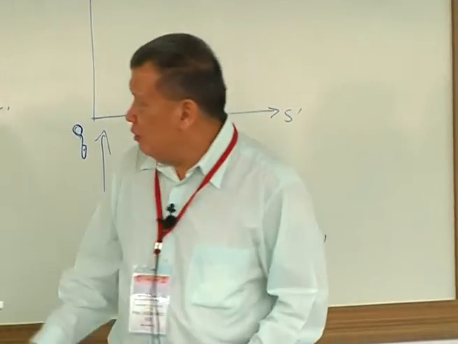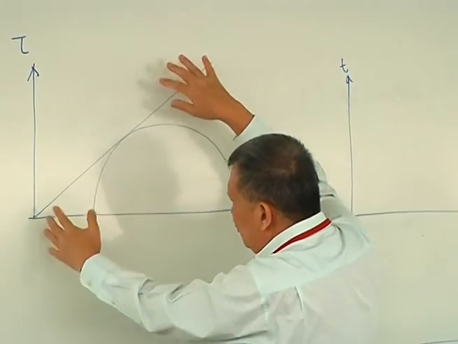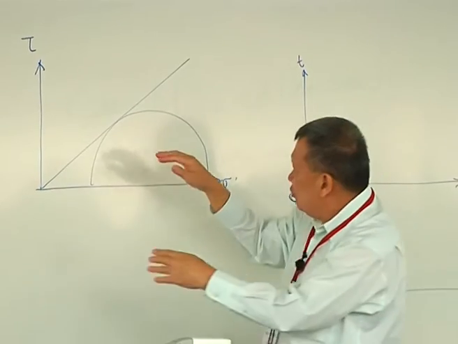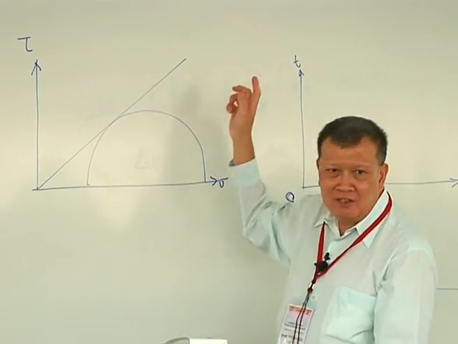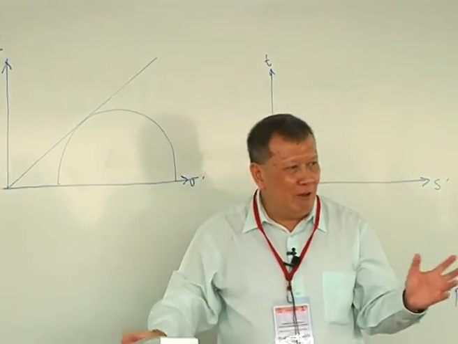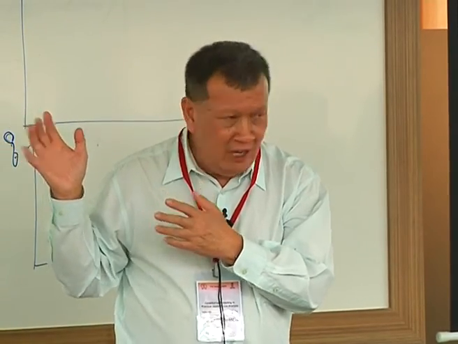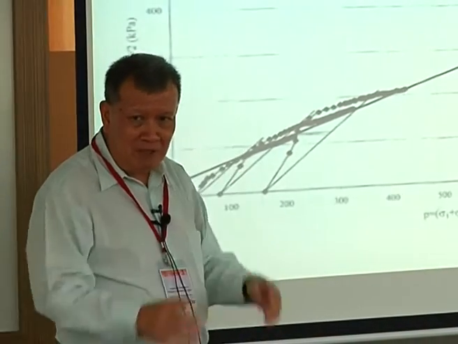So you either tilt your line a little to fit the second and third circles, or tilt it the other way to fit the first and second circles, or fit the line through the first and third circles but cut through the second, or whatever it is, it will not fit perfectly. So the guy fitted the line to the Mohr circles first, deduced the angle of friction and the cohesion, and then used that to deduce this particular line. So you can see that there's some discrepancy there.